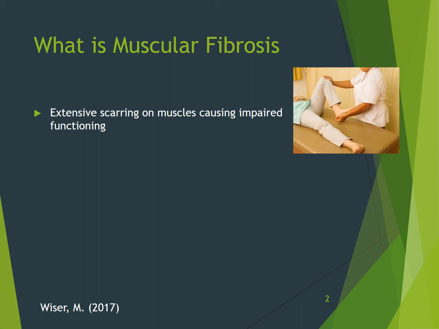The disease results in muscle pain, weakness, and stiffness, as well as impaired functioning due to the inability to contract and extend normally. Scar formation is typical of the healing process, but in muscular fibrosis, there's an overproduction of the scar tissue itself, resulting in damage to the muscle fibers and organs.